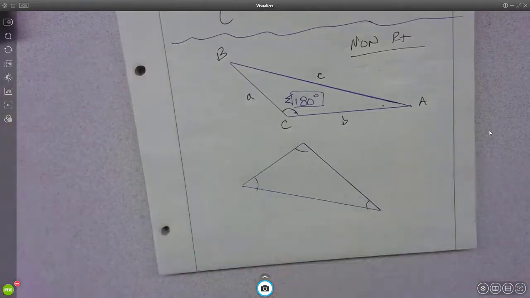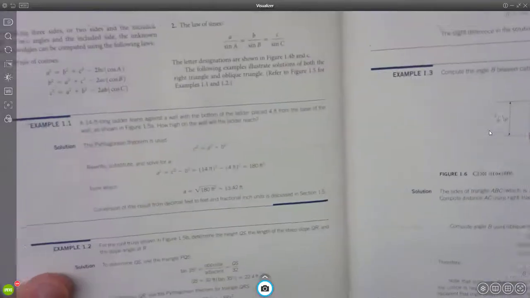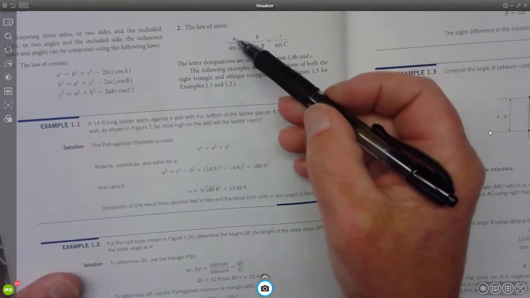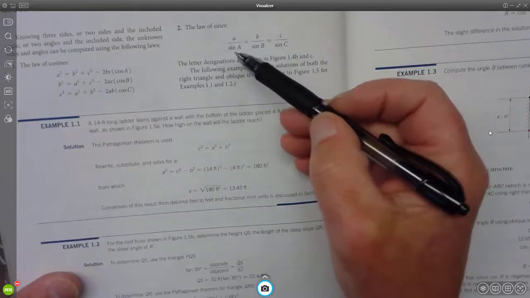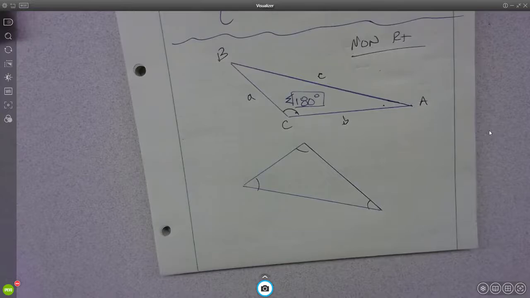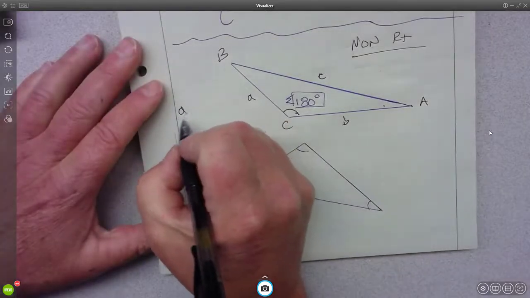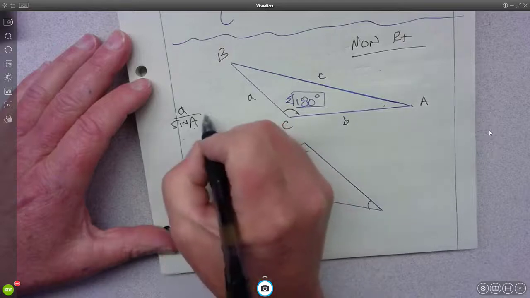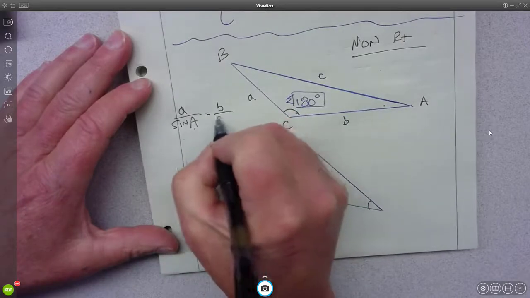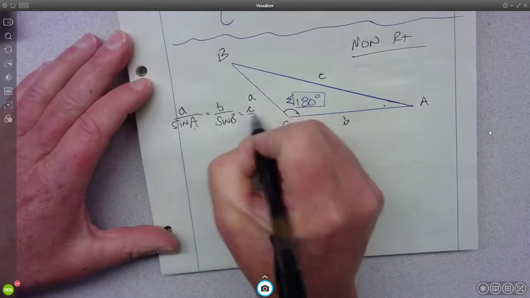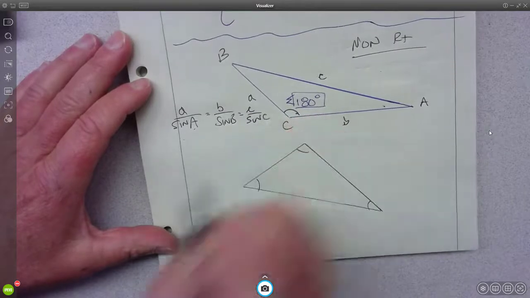The sine law can be written a couple different ways, and they write it with the side on top, the lowercase a, and then the sine of the angle on the bottom. So a over the sine of A, uppercase, equals b over the sine of B, and that equals c over the sine of C.